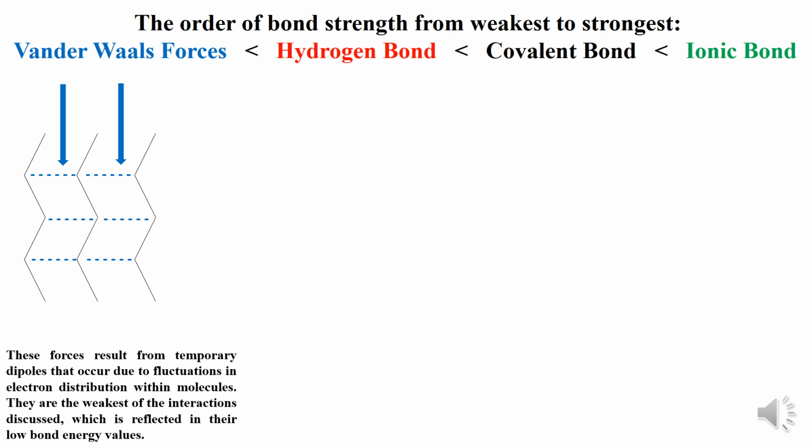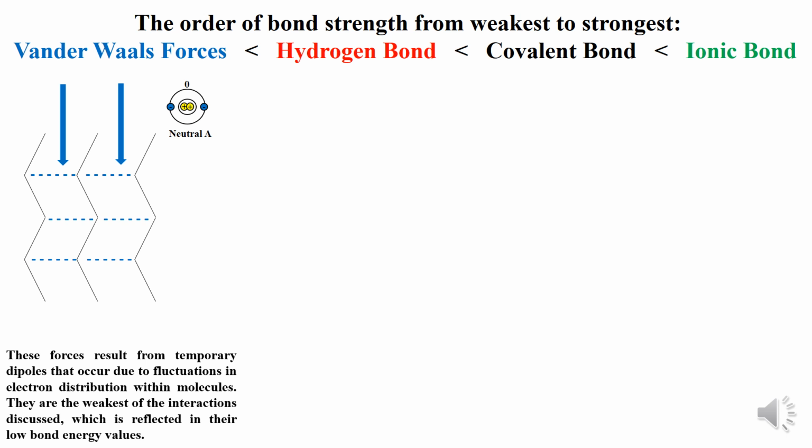Let me explain with reference to the non-polar noble gas helium atom. In the neutral helium atom, you will find 2 protons in the nucleus and 2 electrons in the outermost valence shell. So in a neutral atom, the electron is evenly distributed.